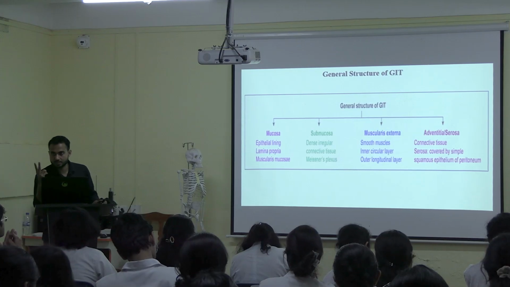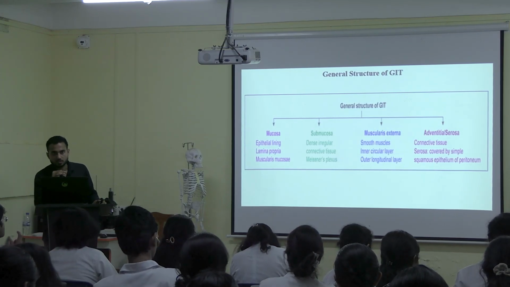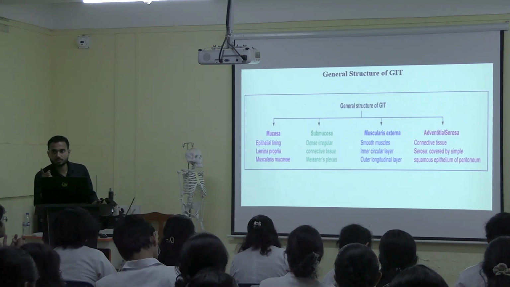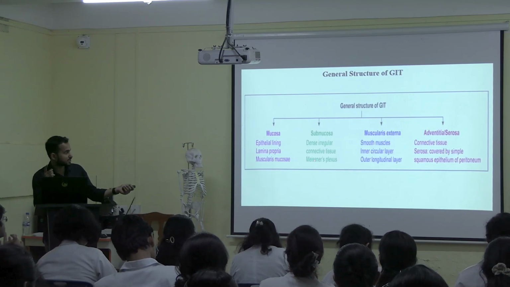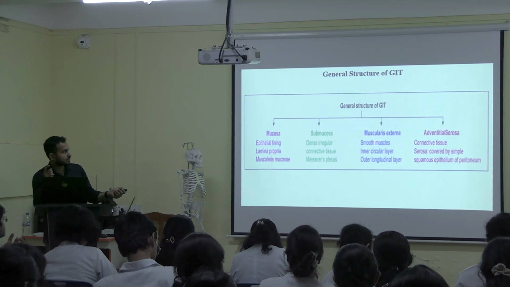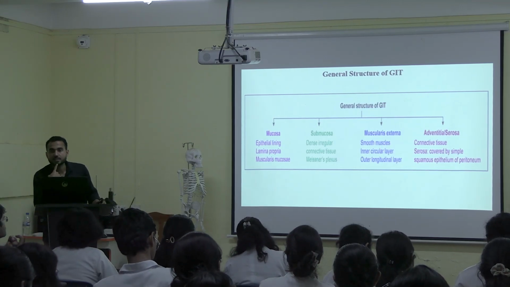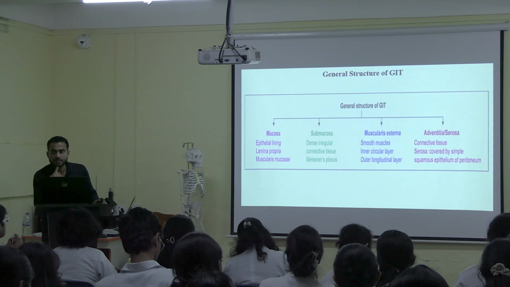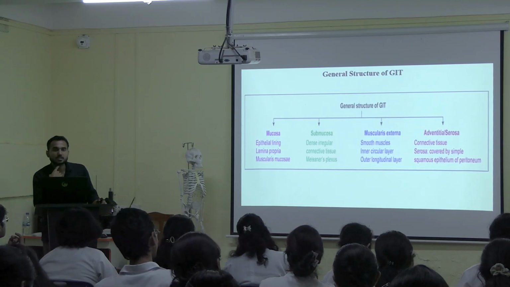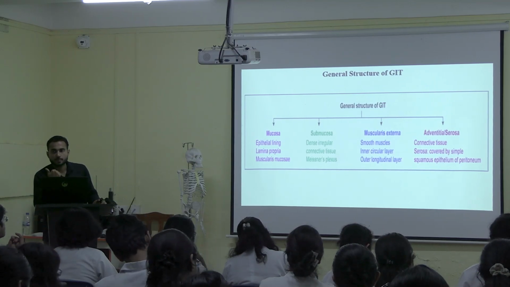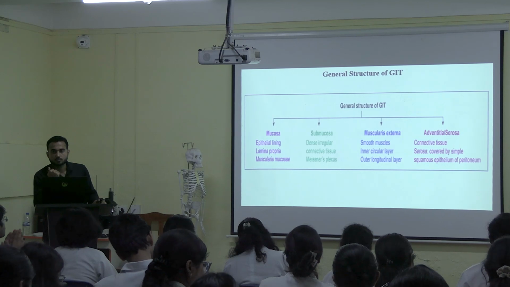Two plexuses are present in the layers of the GIT. In submucosa, the nerve plexus present is called Meissner's plexus. And in the muscularis externa, another plexus is there, called the myenteric plexus, or also called Auerbach's plexus. What is the function? Very simple.